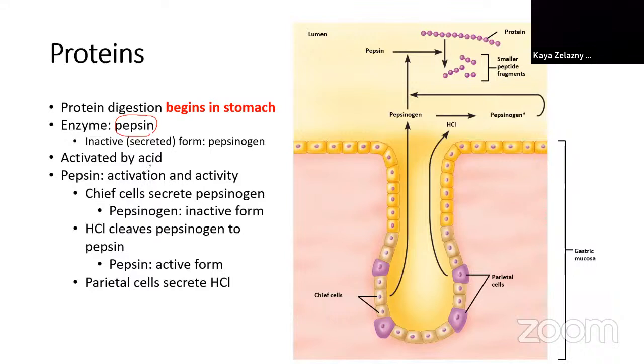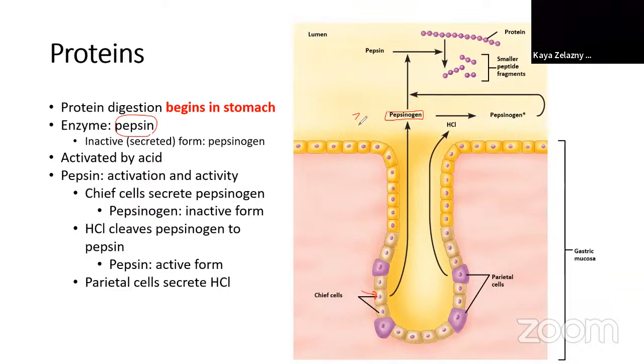Okay. So pepsin is originally secreted by the chief cells in the gastric pits. So these are our chief cells. They're secreting pepsinogen. So this would be an example of a zymogen, right? An inactive form of one of our enzymes that are breaking up proteins.